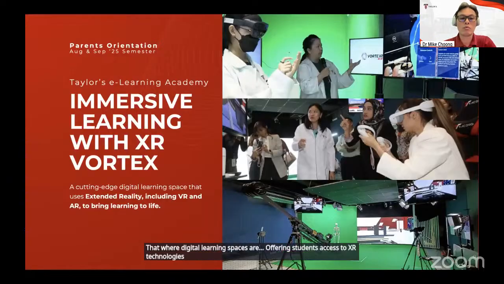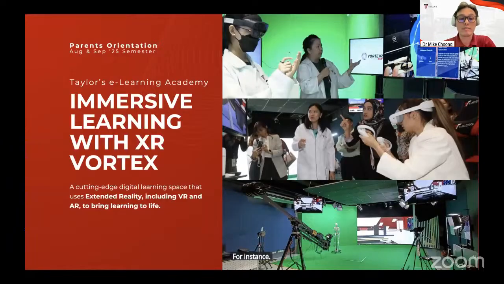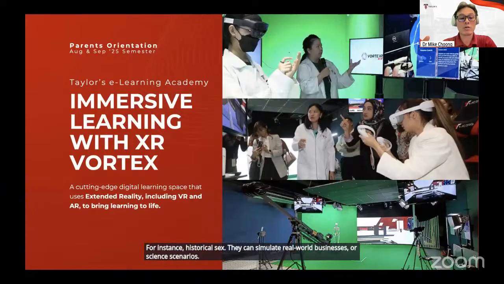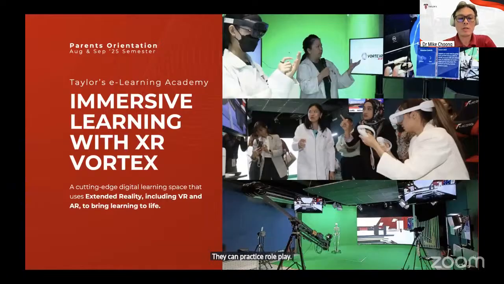Students can walk through, for instance, historical sites. They can simulate real-world businesses or science scenarios. They can practice role play. So this allows them to develop digital skills that are critical for this new fifth IR, industrial revolution, work environment.